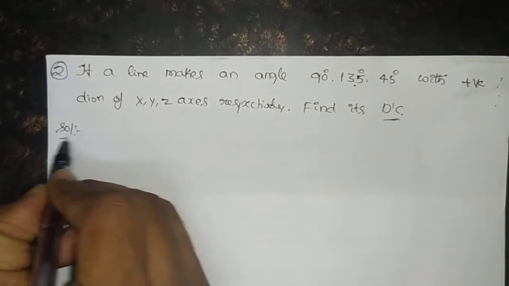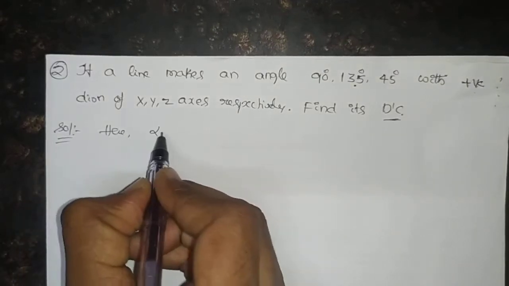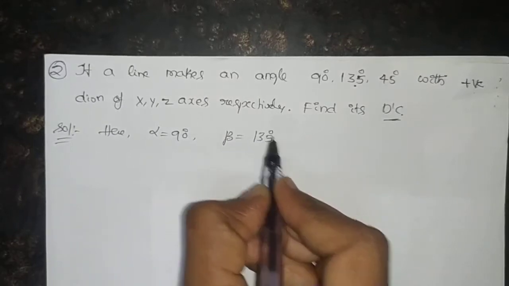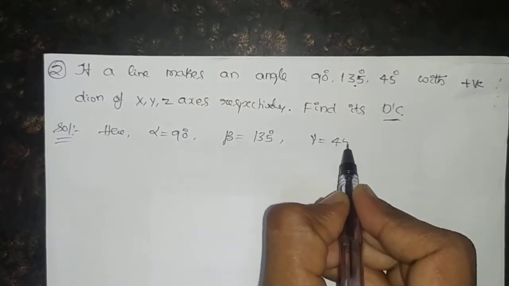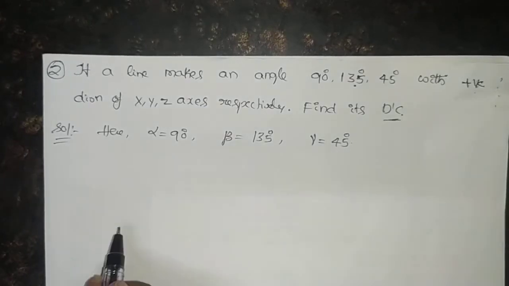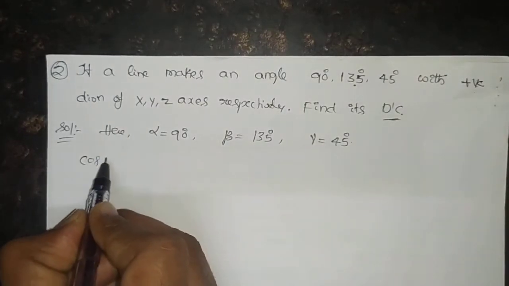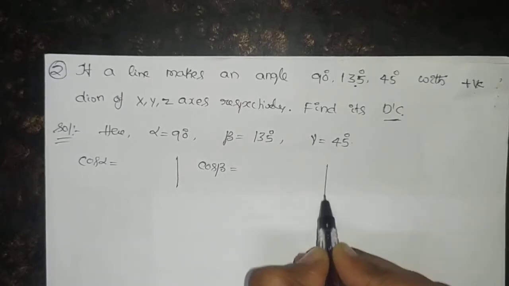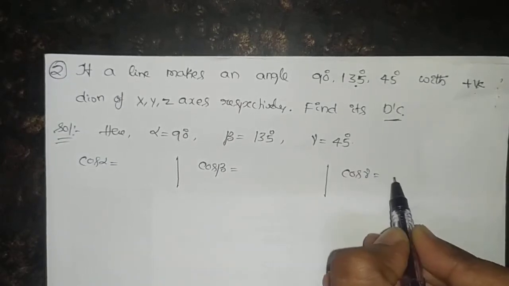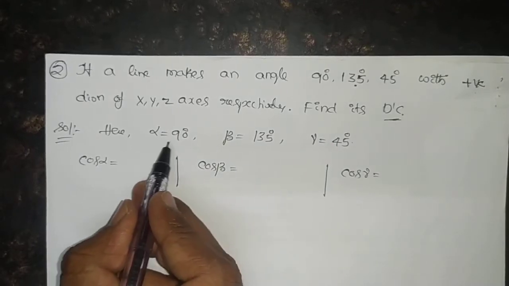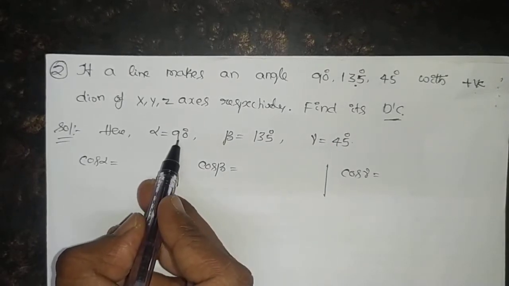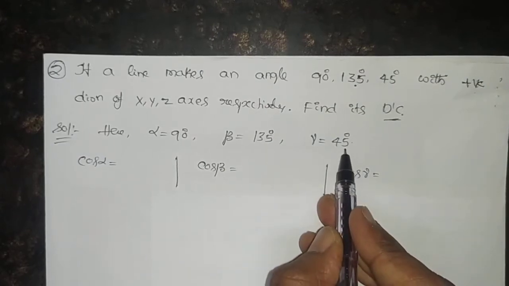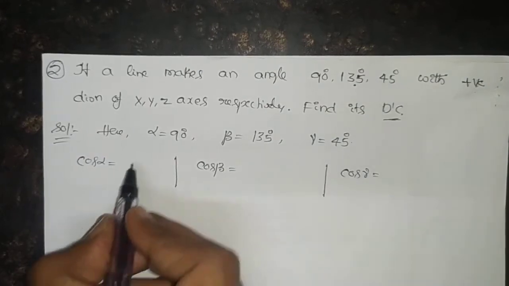Solution: here alpha equals 90 degrees, beta equals 135 degrees, gamma equals 45 degrees. Now cos alpha, cos beta, cos gamma: in place of alpha substitute 90 degrees, in place of beta 135 degrees, in place of gamma 45 degrees.